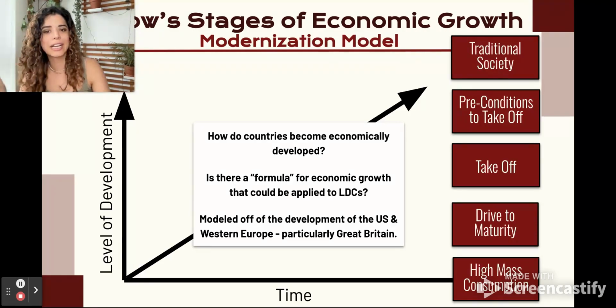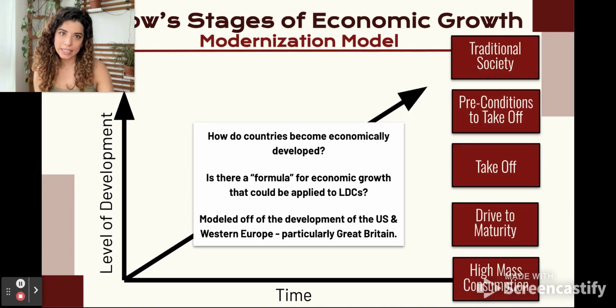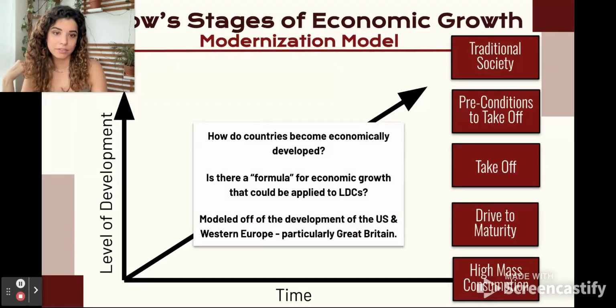He asks these questions. How do countries become economically developed? Is there a formula for economic growth that could be applied to less developed countries? And this was based off of development in the US and Western Europe. So countries that have already gone through this process of industrializing. These are the different stages. So we're going to go through each one of these together.